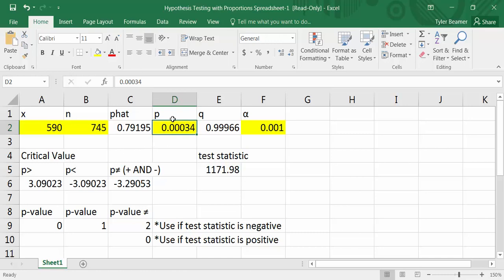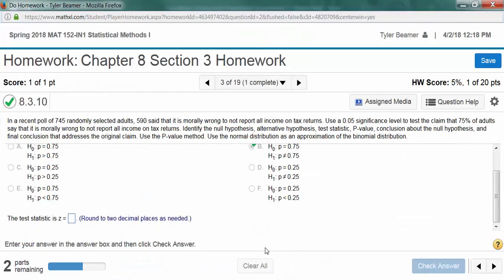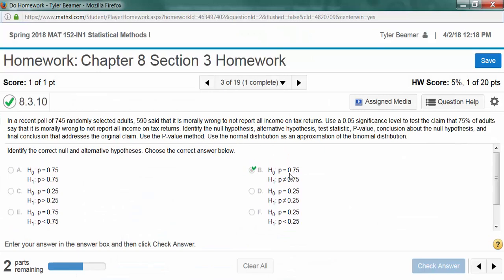P hat, that's your sample proportion. That's basically A2 divided by B2, X over N. P should be equal to the null hypothesis. In this case, our null hypothesis was P is equal to 0.75.